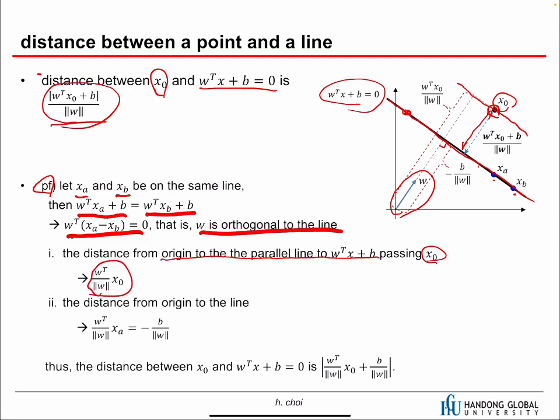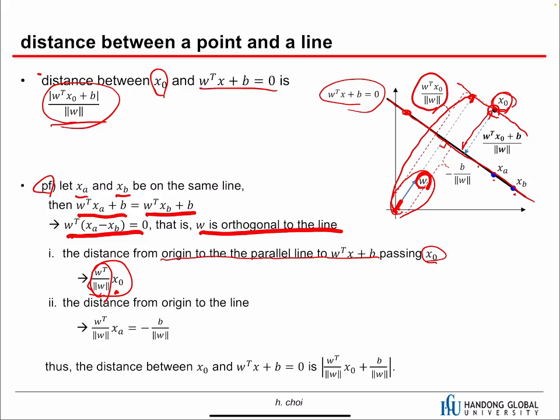We normalize this w by its norm, and then we calculate the inner product between this vector and this point. And this is actually the magnitude of the vector from the origin to this line. Okay, so this is what we have.